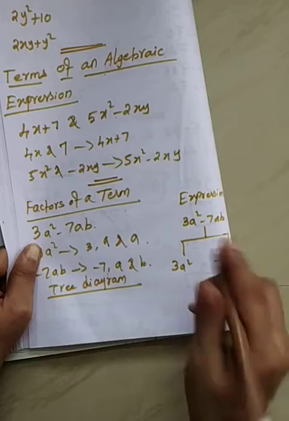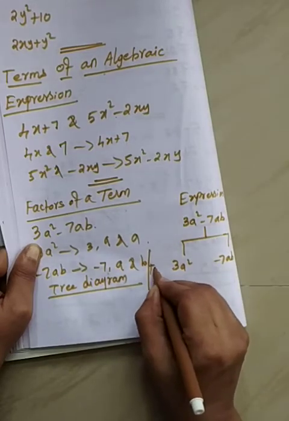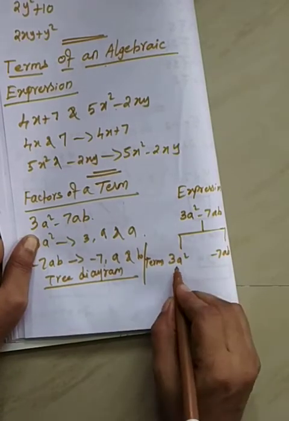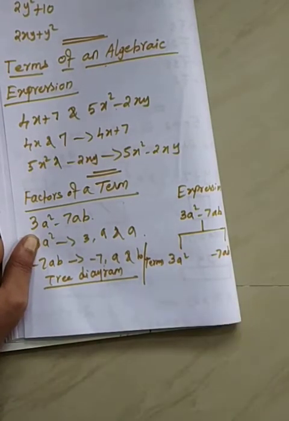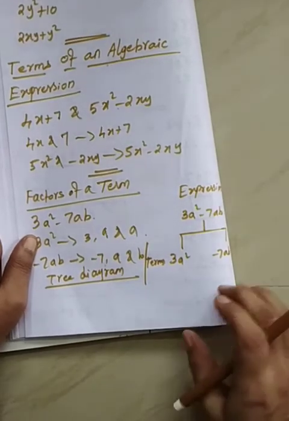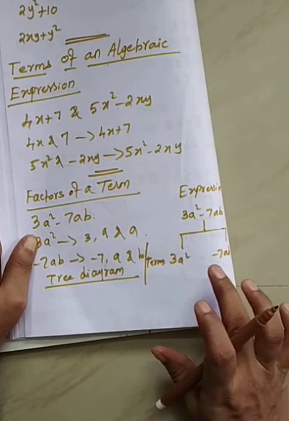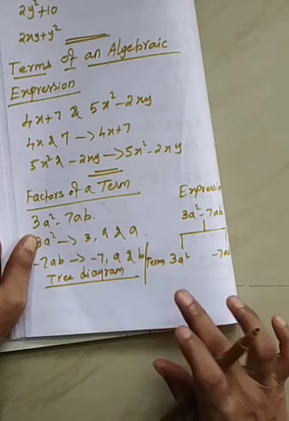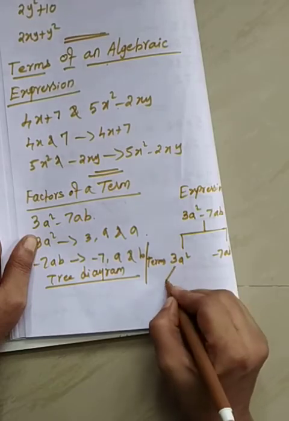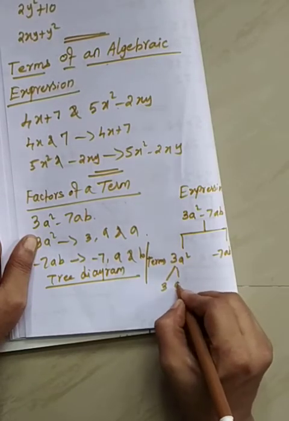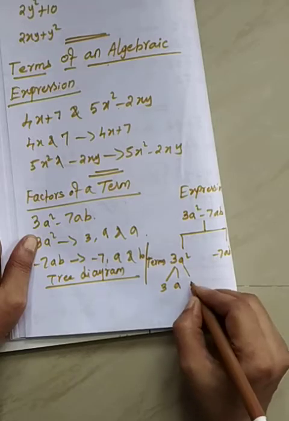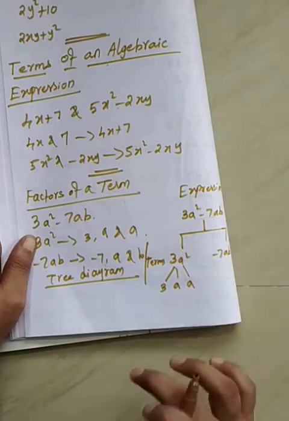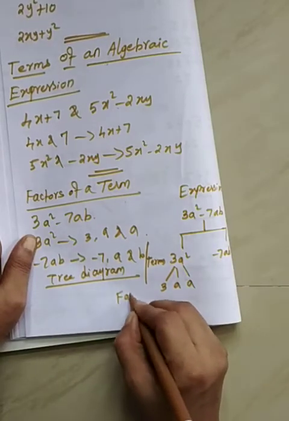These are the terms. Next, 3a squared is obtained by multiplying 3a and a, so we can say that 3, a and a are the factors of the term 3a squared. So the name is called factors.